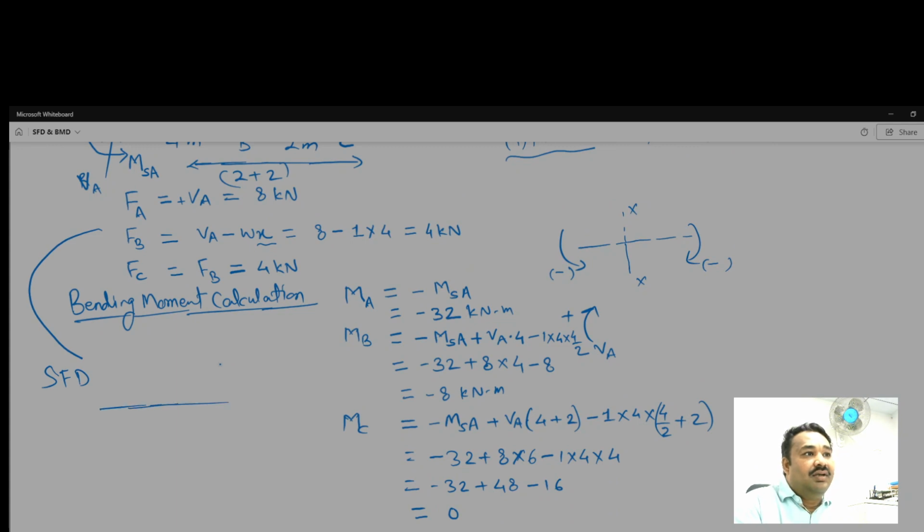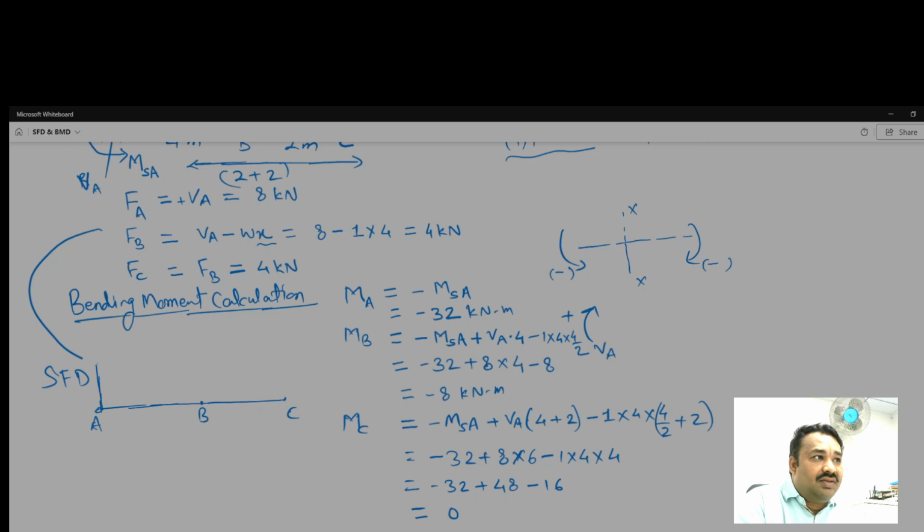It is A, C, B. So we get here 4 kilonewton, and it varies because there is a UDL.